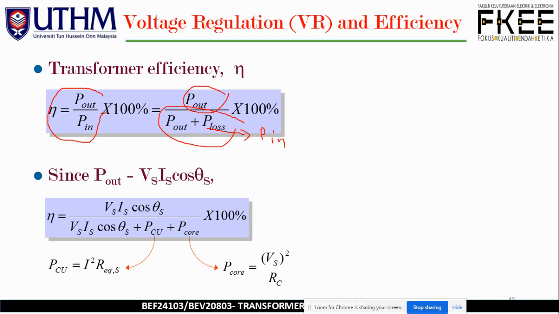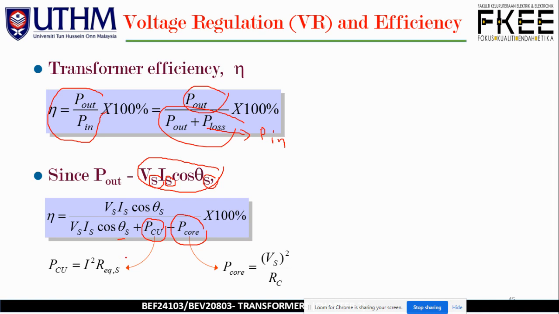And then since P out equals Vs Is cos theta s, because it takes place at the secondary side of the transformer, that's why we consider all the secondary quantities of V and I as well as the power factor. So again, efficiency equals Vs Is cos theta s over Vs Is cos theta s plus Pcu, the losses in terms of copper losses, and another type of losses which is the core losses.